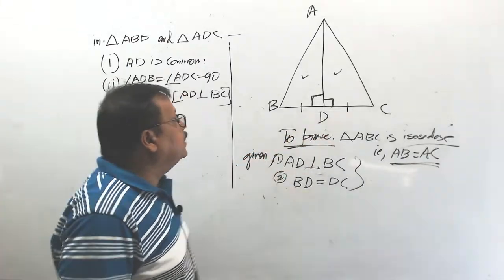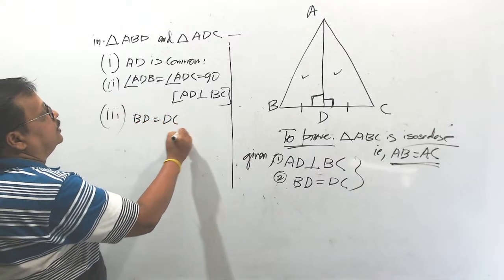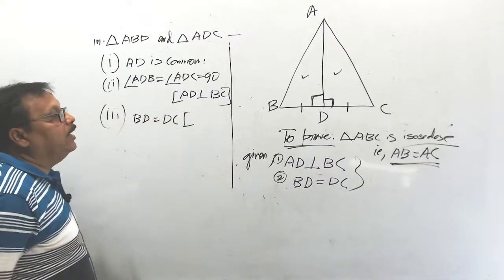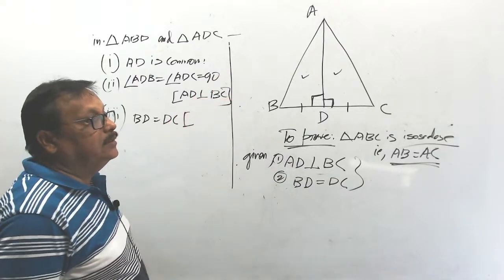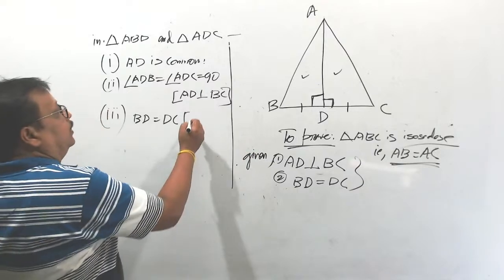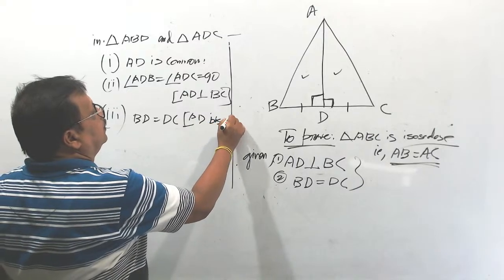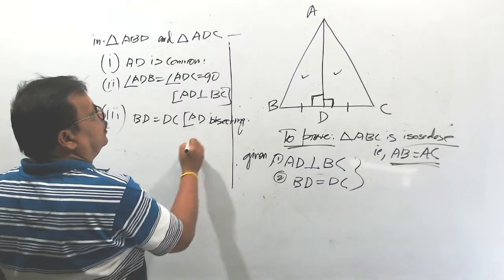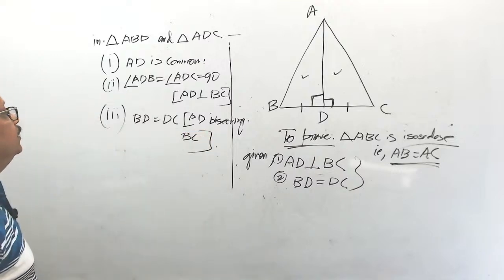BD is equal to DC. That means what? AD bisecting BC. Altitude AD bisects BC, also given. Okay.